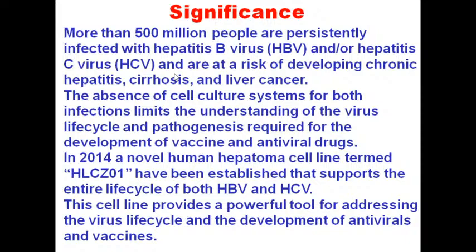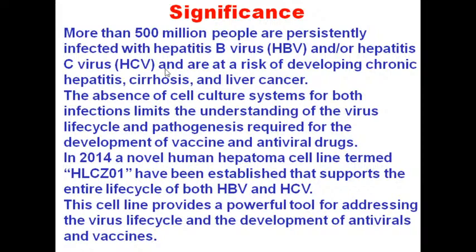So we don't have a good model to arrange the full life cycle of the virus, to learn it very well, and also to check the pathogenesis in an animal model.